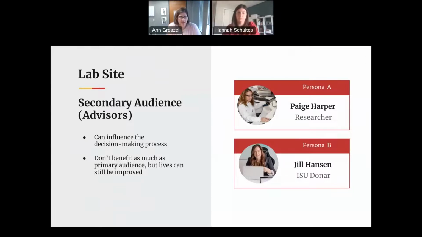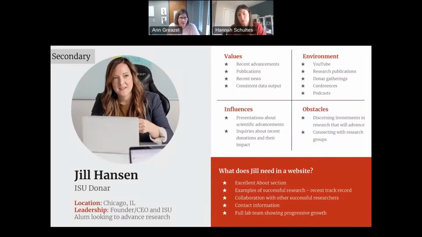And then secondary would be, again, we're going to bring back our donor. So we can look at the donor quickly. In this case, I think it's important to highlight on a lab site for donors certain things such as that focus on progressive growth.